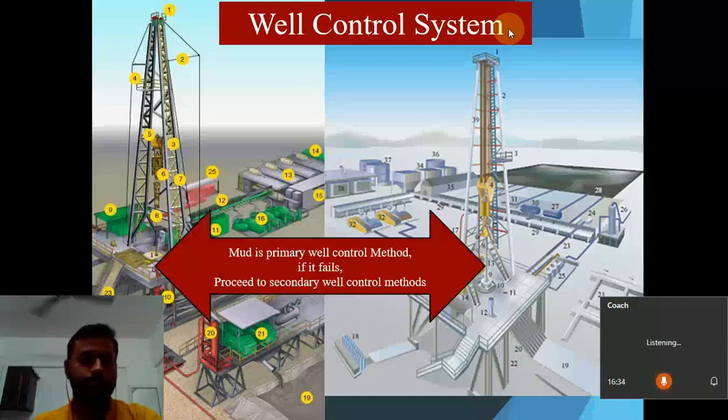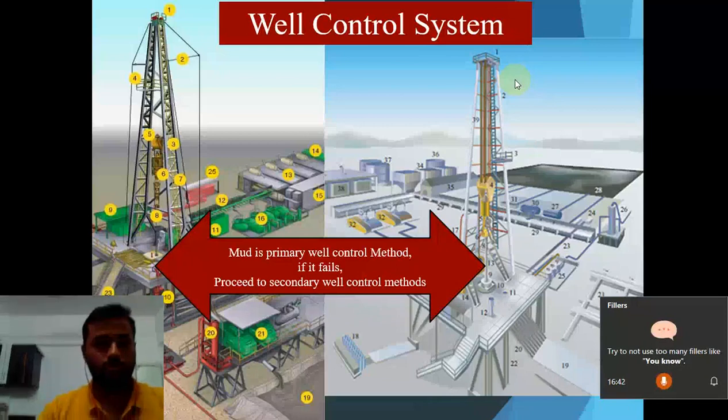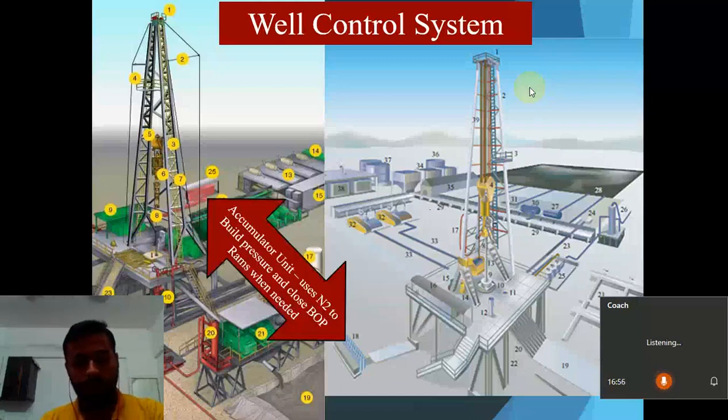blowouts. First, mud is the primary well control system, but in case mud fails to keep the well functioning properly, and there is an inflow, a kick, then we must proceed to the secondary well control system. For it, first you must understand the accumulator unit.